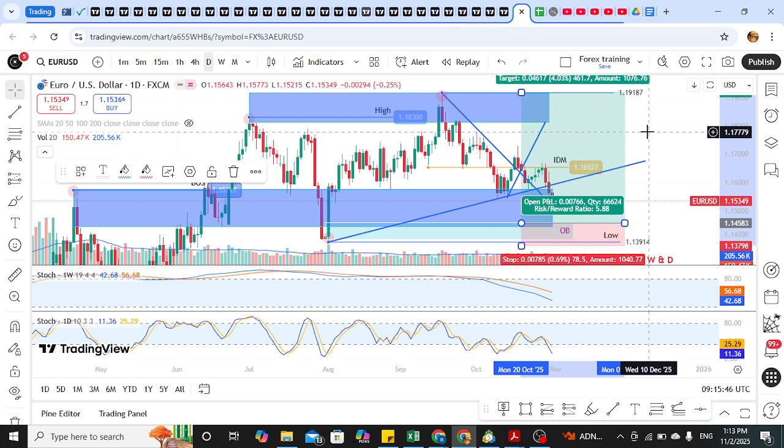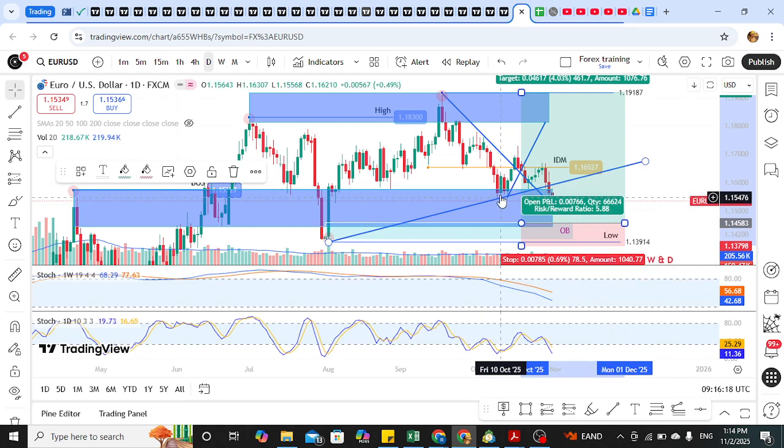Look at the scenarios of the SMC. Either the price will go down and then go up, so not triggering, and the trade is deleted. Or the price hits the POI and goes up, wow, wonderful, lovely, great stuff, and then it goes down and hits the stop loss.